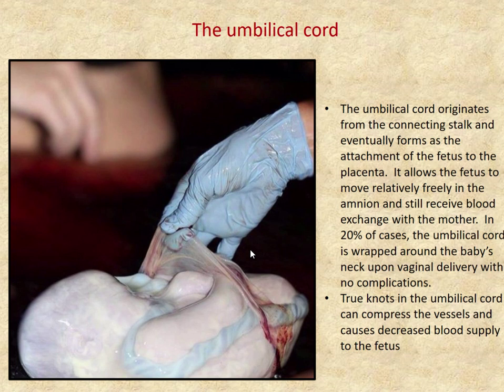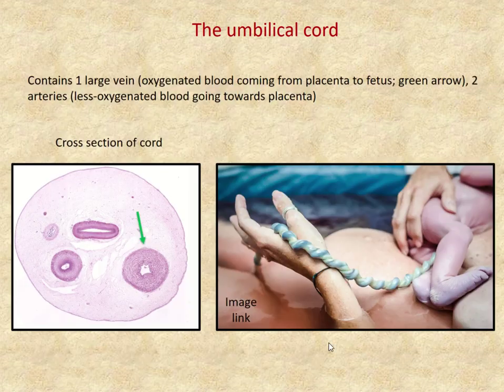I've seen it several times, and no complications arise from that. But you can very occasionally have a true knot in the umbilical cord, which could compress the vessels and decrease the blood supply. That's very rare, actually. A lot of the knots are false knots, because the vessels are longer than the cord, so they make a sort of twirling pattern around the umbilical cord itself.